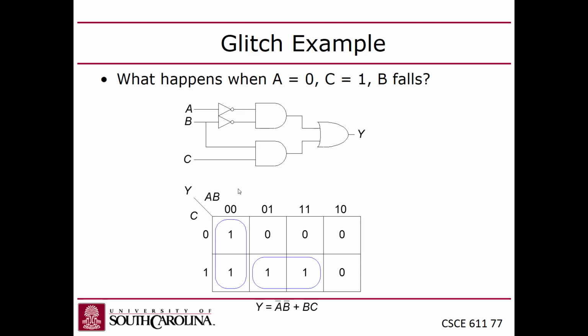When that happens, and you change an input that's fanned out like that, B, it can cause a problem where the final gate that generates the output may receive its inputs out of order.